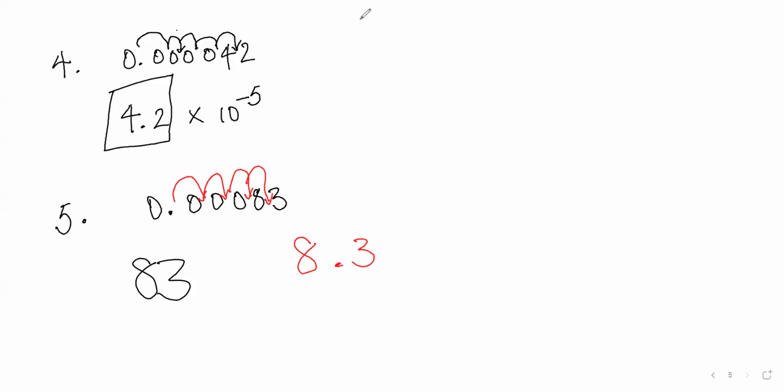It must be between 1 and 10. So it's 8.3 by 10 to the negative 4. Malachi, it's negative 4.